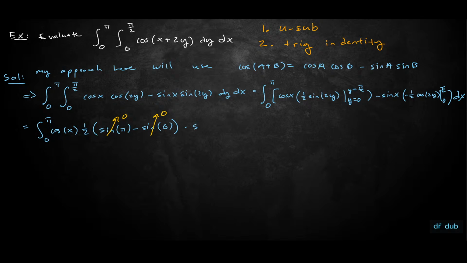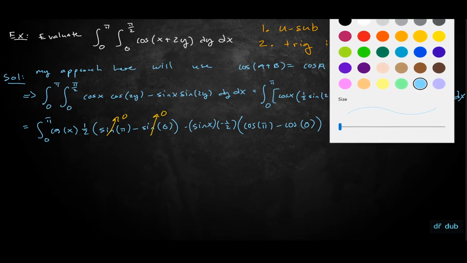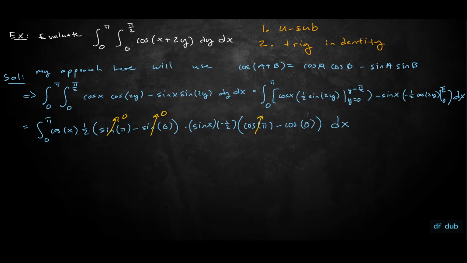Minus sine x times 1/2, oops, negative 1/2, so I'll just make this negative 1/2. That's confusing because it looks like sine x. Well, sine x times negative 1/2. And then cosine of pi minus cosine of 0 dx. And well, this is negative 1 and this is 1.